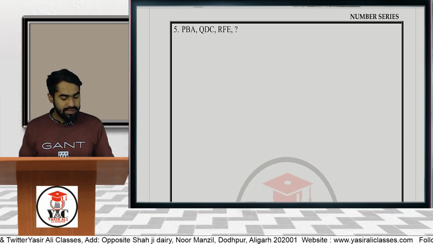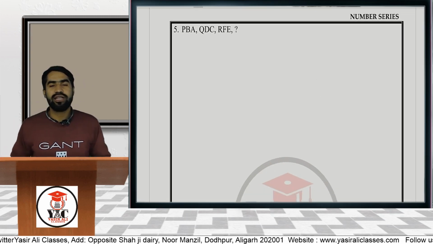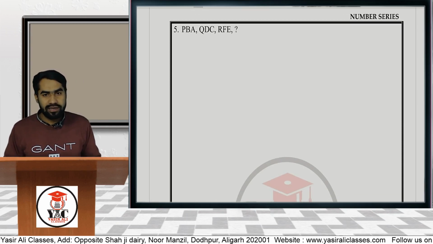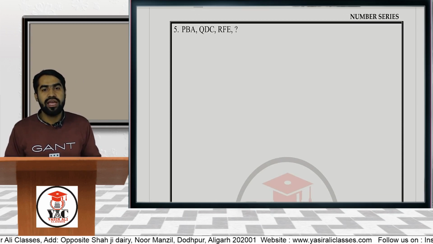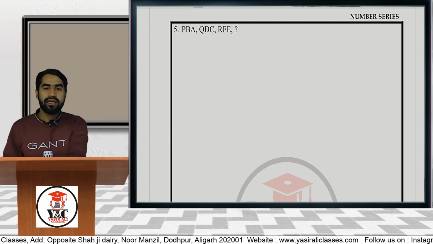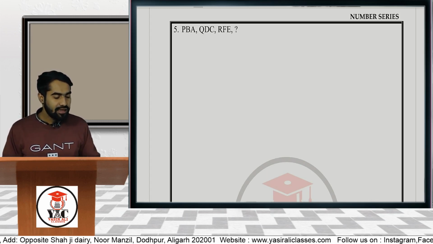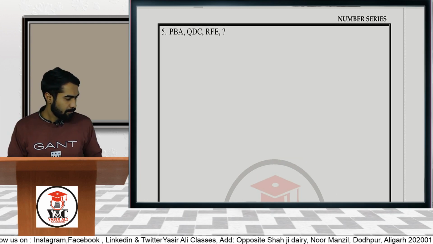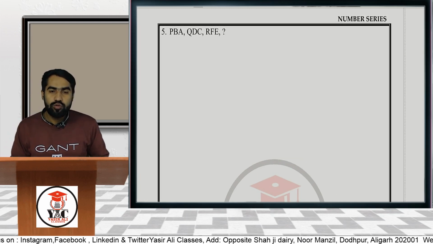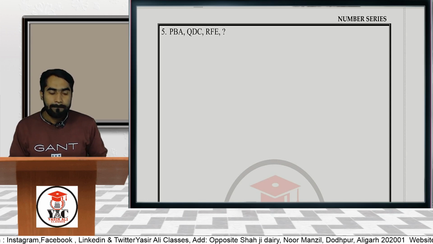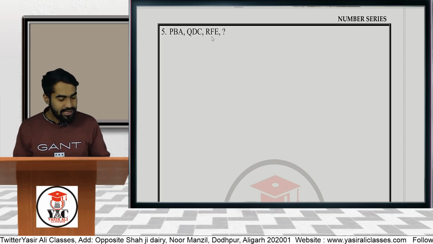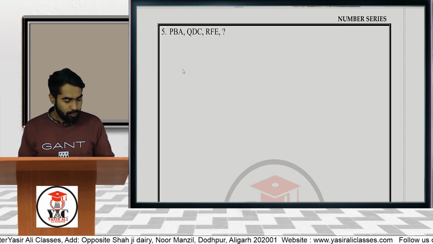PBA, QDC, RFE. Now if you see here, there are 3 letters continuous, then a comma, and again 3 letters continuously, and the next letter group will follow QDC, RFE. So we will try to put numbers there.